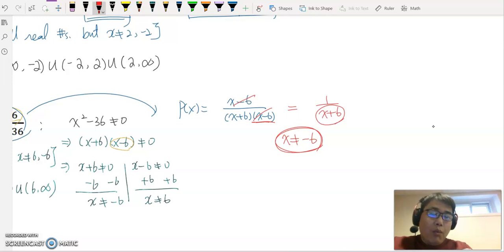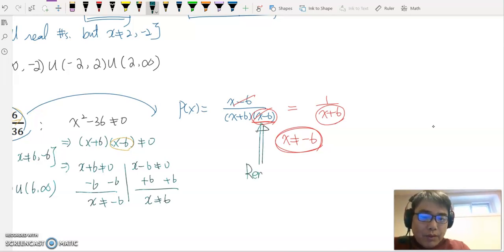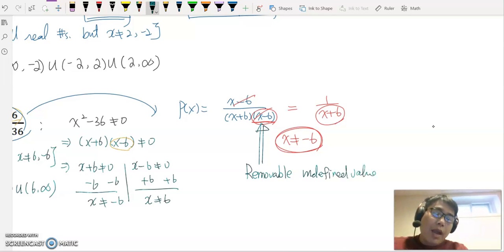Okay? Then, what do you call this kind of value with this kind of factor? So we can write this is the removable undefined value. Why? After we simplify, we cancel this out. We remove them, right? So those are removable undefined values, but they affect the determined domain.